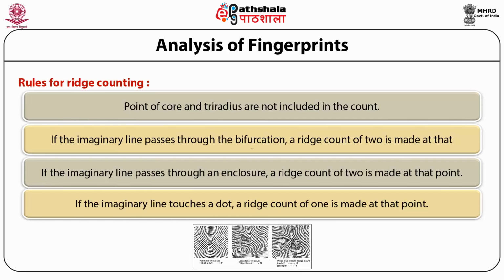Figure is showing you the counts of ridges in arch, loop and whorl. In arches, there is no tri-radius and ridge count is 0. In the given pattern of loop, it has one tri-radius and the number of ridge count is 13.